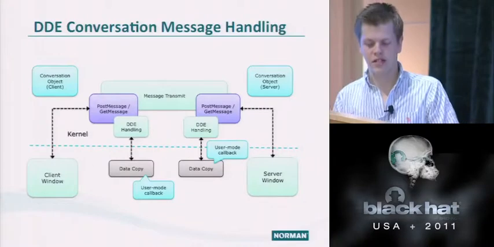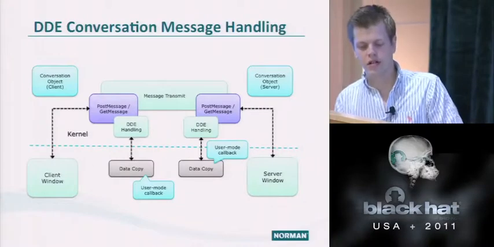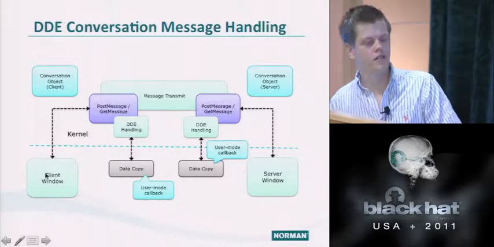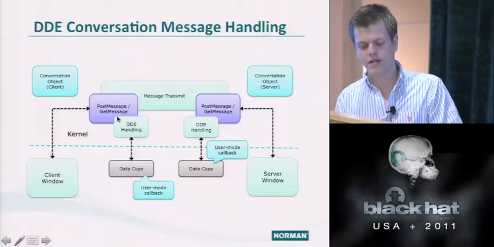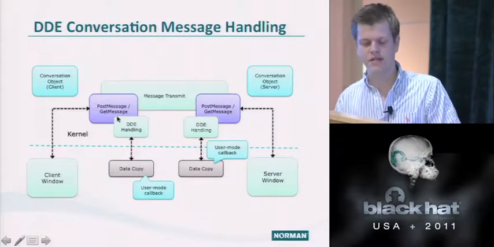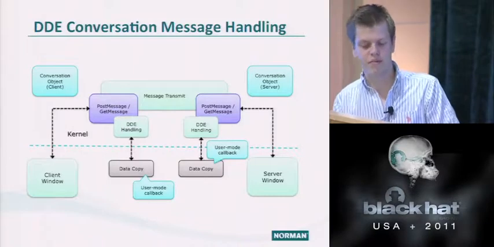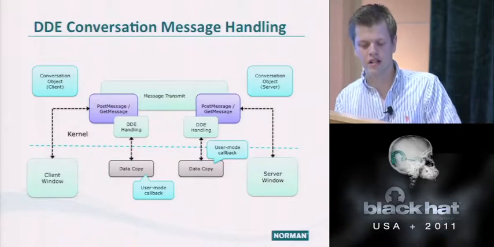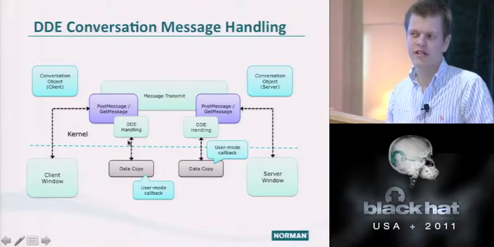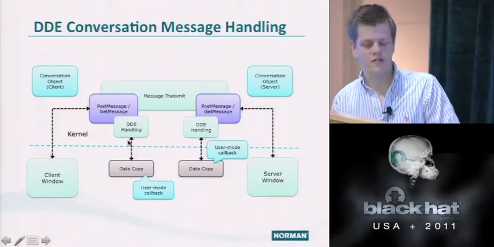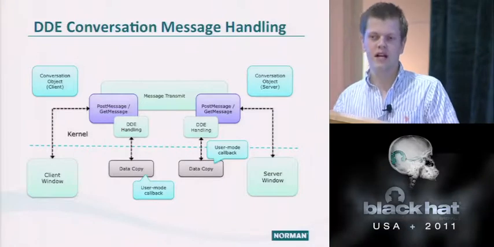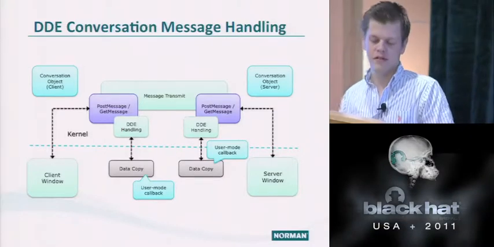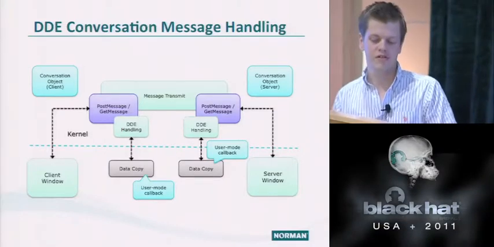So this is basically to give you an overview of how a DDE conversation looks. You have the client window that does the post message or get message, depending on the way this message is passed. And then for certain DDE functions or messages, it does a callback to copy the data in from user mode, because all the data is stored in user mode.